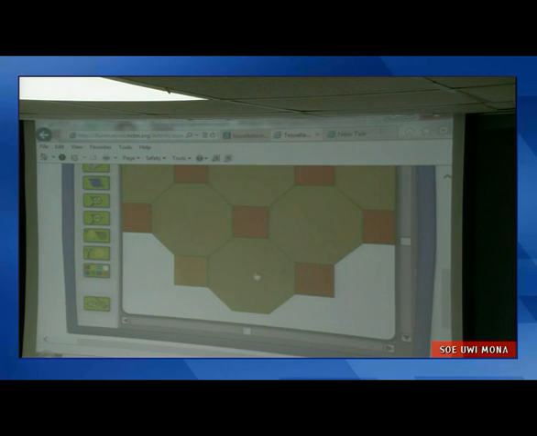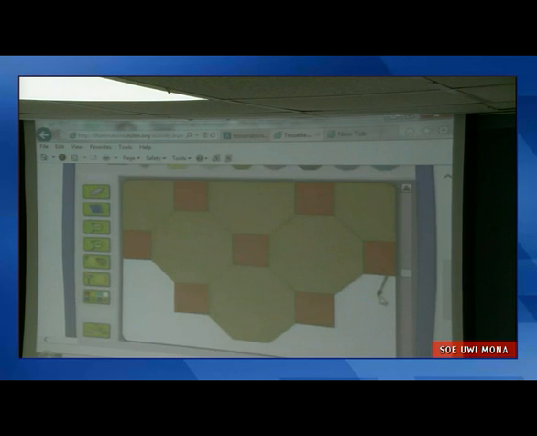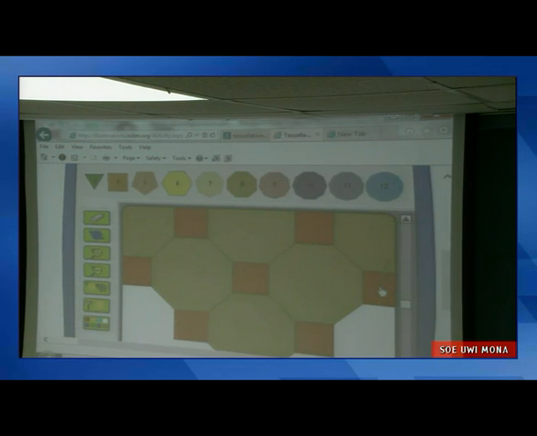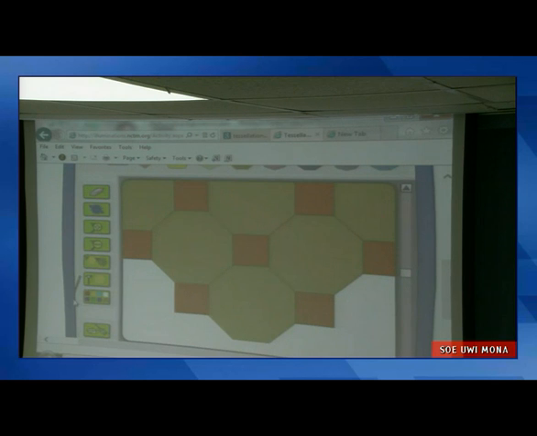Can you see that better? How many semi-regular tessellations can we make?